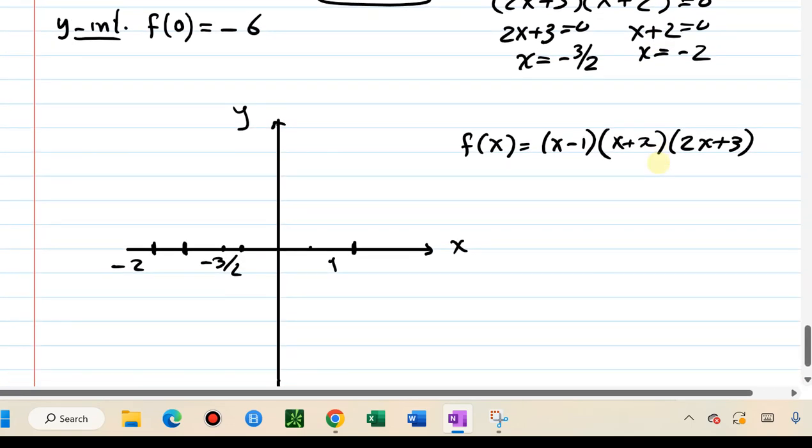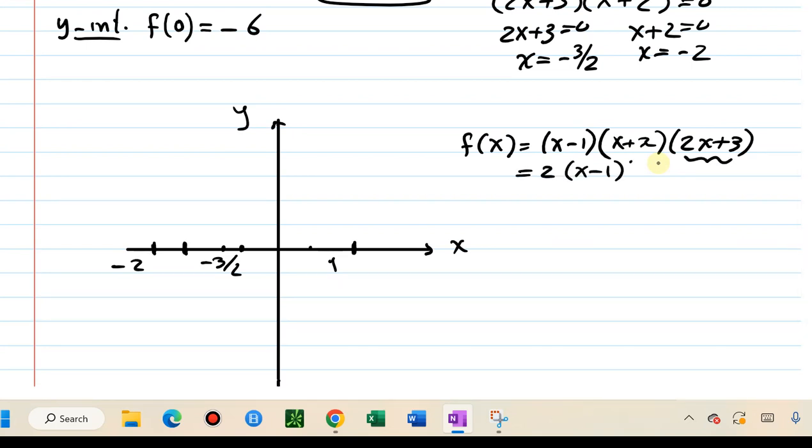I'm going to factor a 2 here, and I can bring it in front of the multiplication. This way you can see here's x plus 3/2, because we can actually see the x-intercept being negative 3/2.